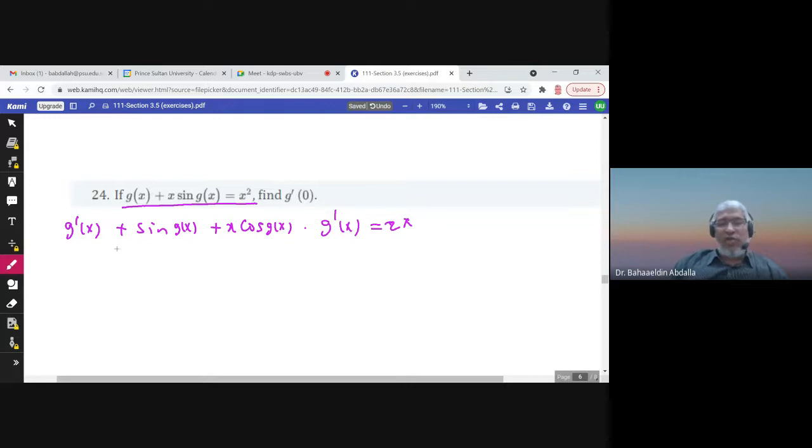Again, you can solve this for g prime, or you can find immediately g prime of 0. So I'll find immediately g prime of 0. I'll replace x by 0. So I have g prime of 0 plus sine g of 0.